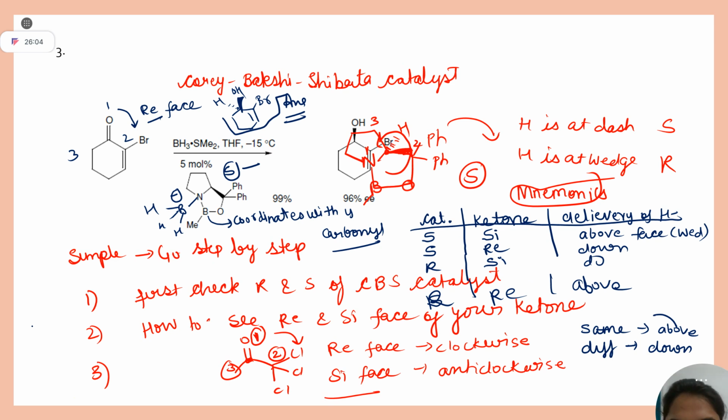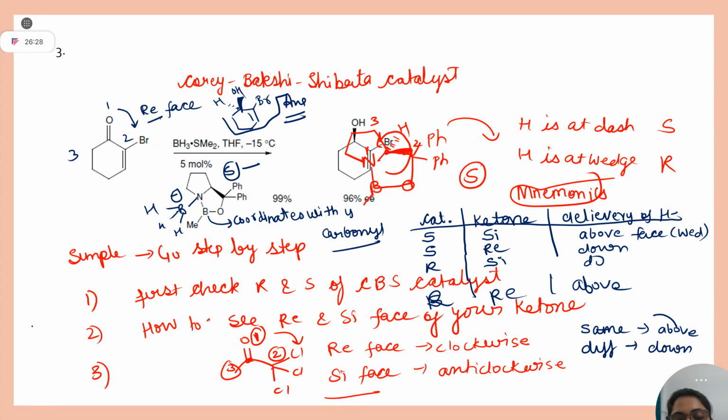At the end of this practice solving session, I will give you sample problems on this only. So, step one is you have to check whether your CBS catalyst is of R configuration or S configuration. Very easy. Then you have to see whether your ketone is of Re face or Si face.